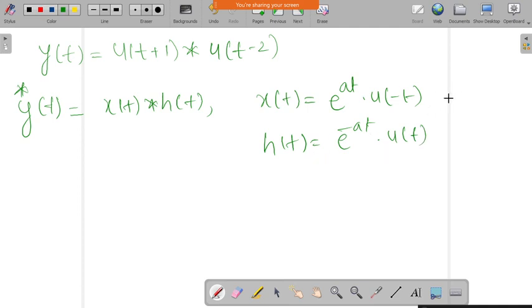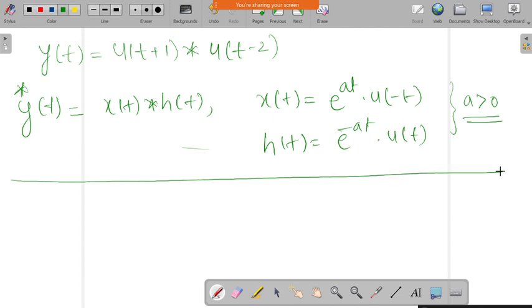In both cases a is greater than 0. Try to do this one and we'll see.